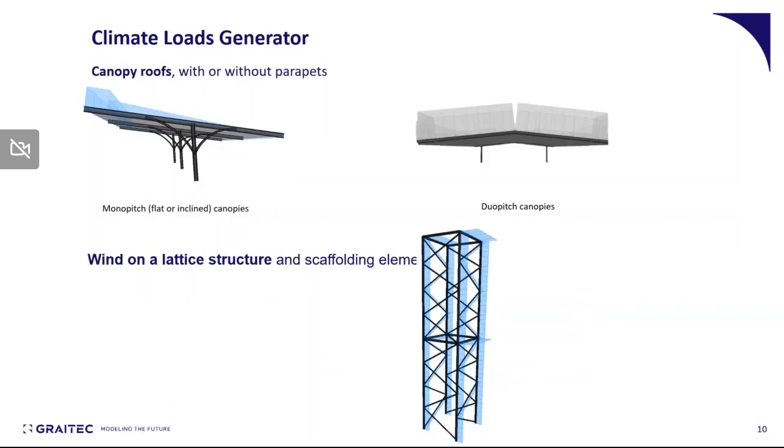Finally, climate loads can be assessed in canopy roofs, either monopitch or duopitch canopies, and of course wind load can be calculated for lattice structures, such as this one, for example, in a scaffolding element.